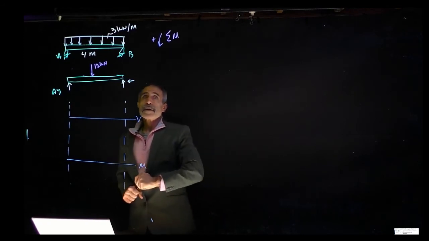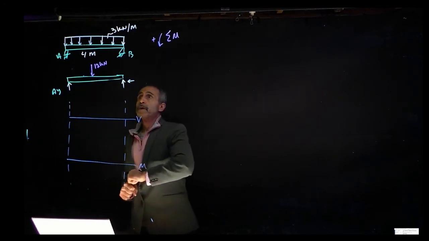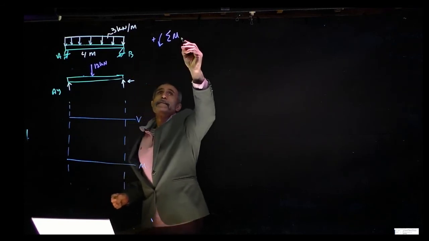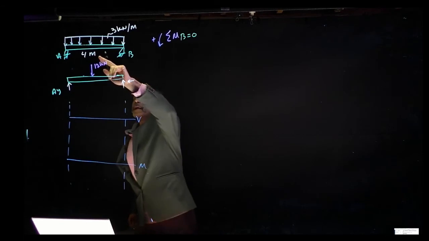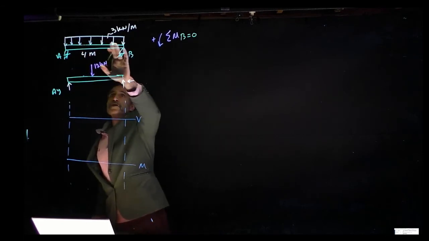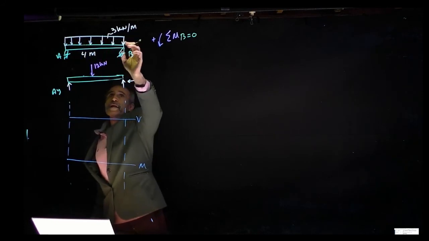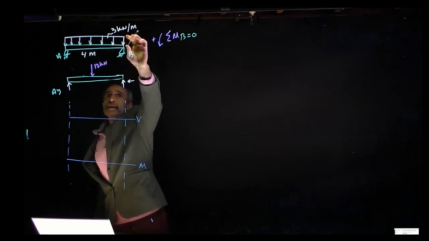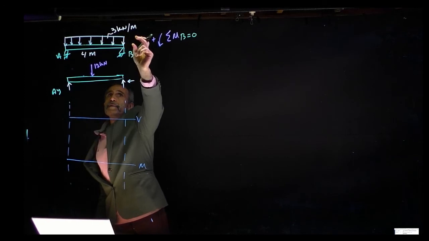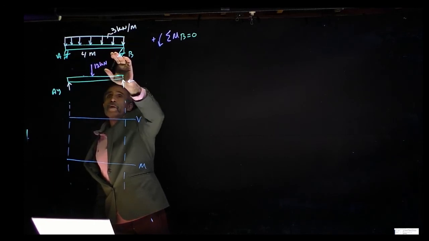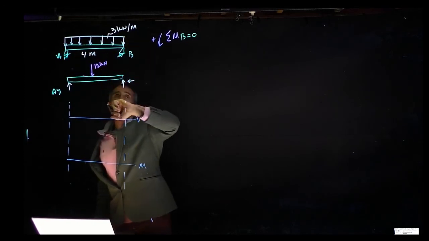And that's going to be, let's take a summation of moments about point B equal to 0. Then I'm going to convert this to a concentrated load, which becomes 12 kilonewton. Basically, it's the area underneath here, which is 3 kilonewton per meter times the whole 4 meters, becomes 12 kilonewton.